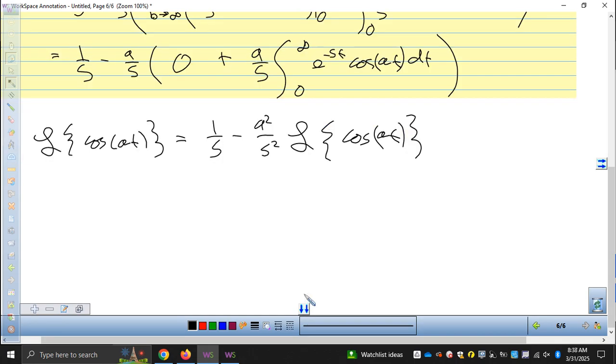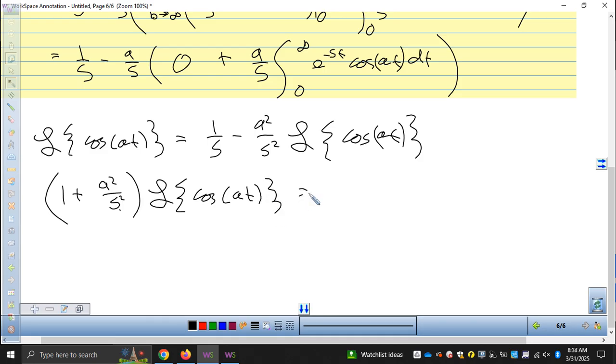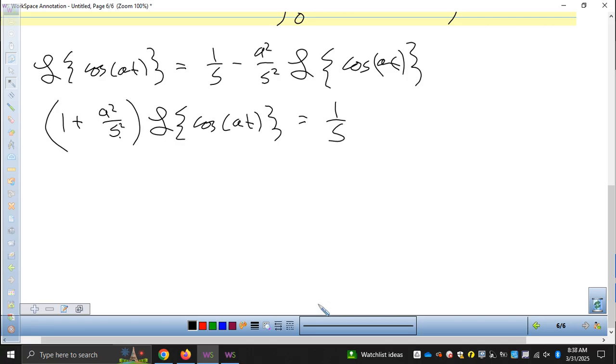So now I have an equation that I can solve for the Laplace transform of cosine of at. I'm going to add this term to both sides. So I get 1 plus a squared over s squared times the Laplace transform of cosine of at equals 1 over s. And I'm going to write this as s squared plus a squared over s squared, to get a common denominator.